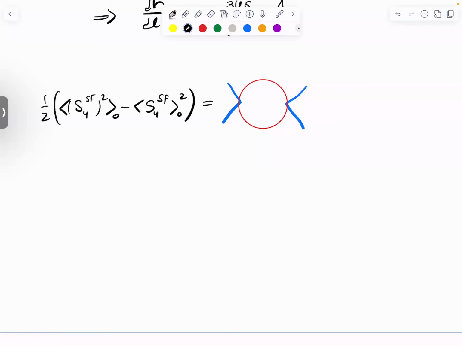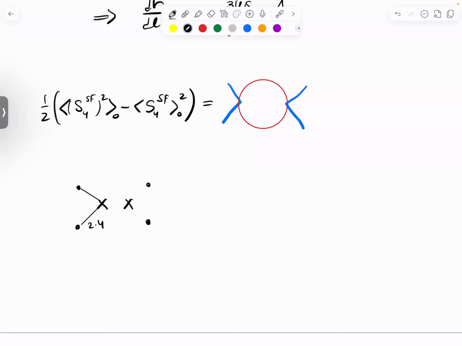Okay. And now let's do the symmetry factor. So we have 4 external lines. We have two internal vertices. And then I have a factor of 2 initially with which one I start. And then this gives me 2 times 4.